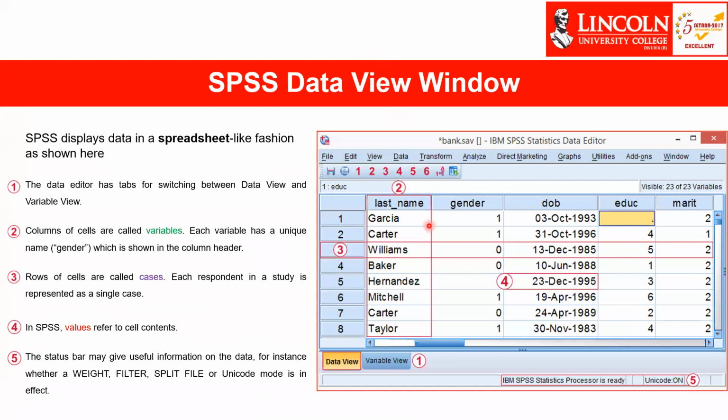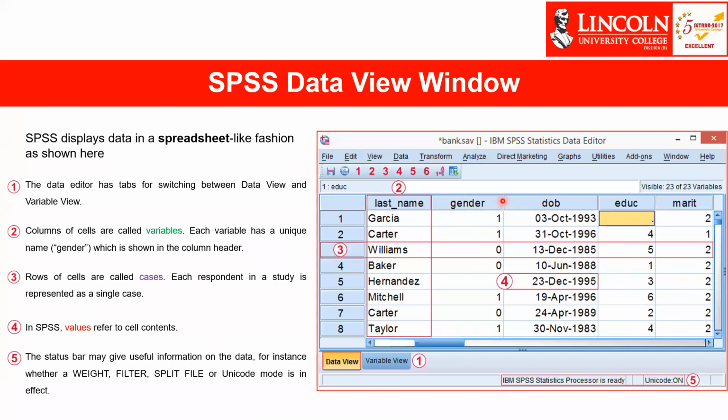The data editor has tabs for switching between data view and variable view. Then the columns which you can see are the last name column, gender column, date of birth column, education column, marriage, and the likes.